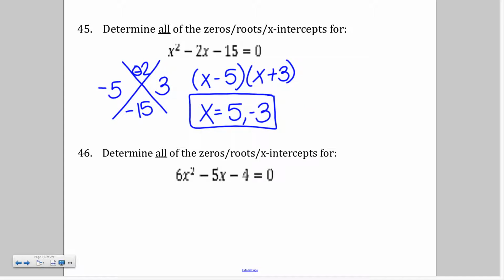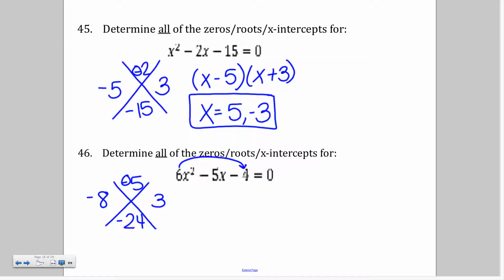All right, determine again. Now this one is the one where you multiply the first and the last, so that's 24, or negative 24. Okay, and then we have to add to get a negative 5. So your factors of 24 are going to be 8 and 3. Now, this takes the sign of my bigger number, so negative 8.